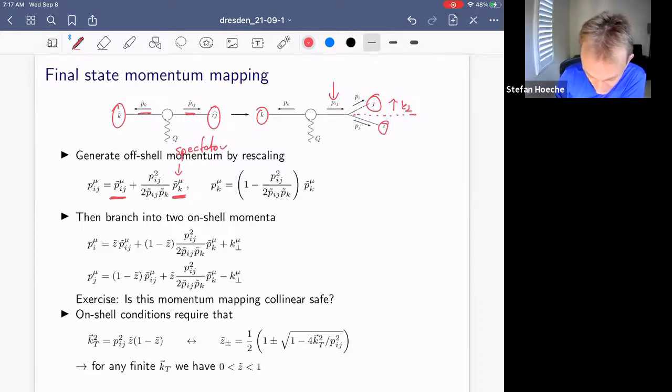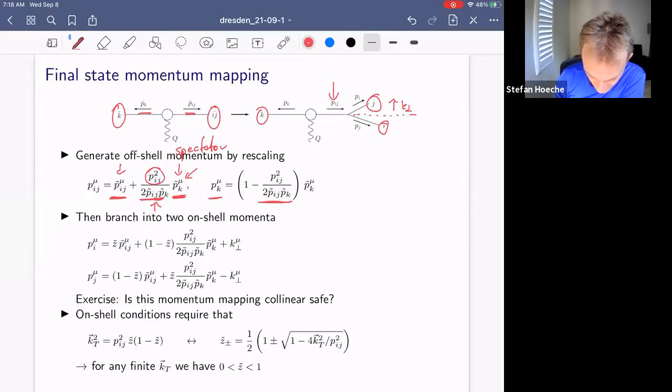And in order to instate the right mass, there needs to be a prefactor here proportional to the virtuality that I want to create. And the point is essentially that p tilde squared is 0 for both this guy and this guy. And then you can show that when you have precisely this prefactor, pij squared will have the right virtuality. Now, because I want to be overall four-momentum conserving, whatever I borrowed here has to be given back here. So the spectator is also altered.